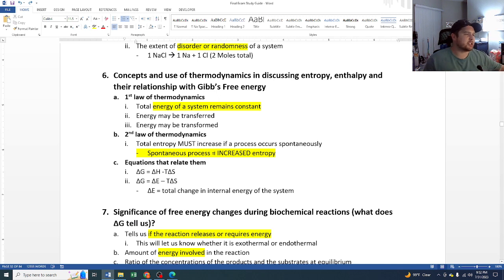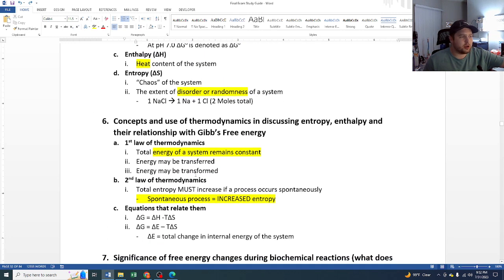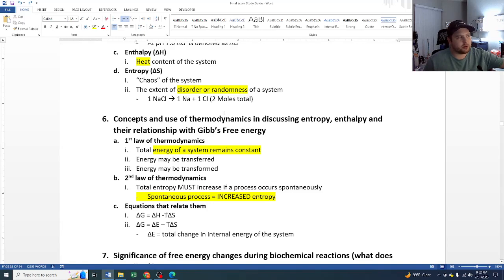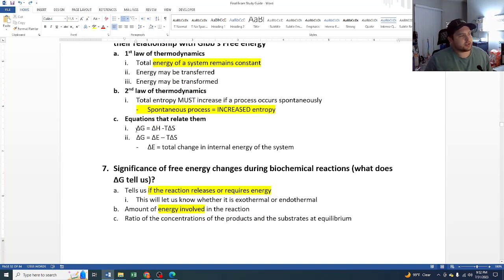A spontaneous reaction, one that just happens, has increased entropy. That means those spontaneous reactions are typically going to be degradation reactions, stuff breaking apart. Then there's the equation that relates them: delta G, our Gibbs free energy, equals delta H minus the temperature multiplied by delta S.